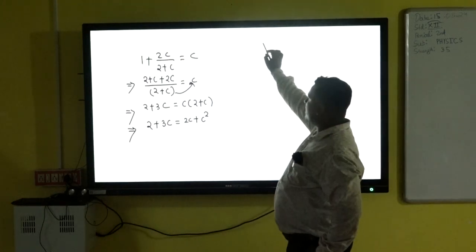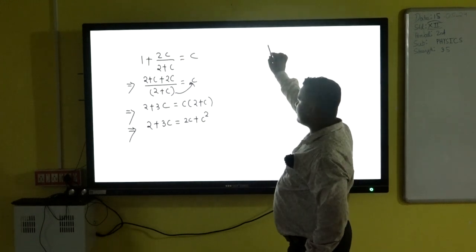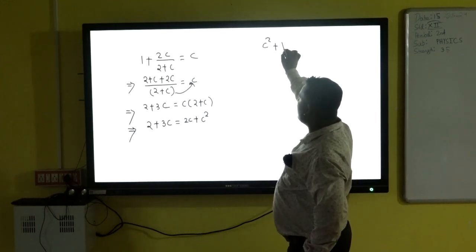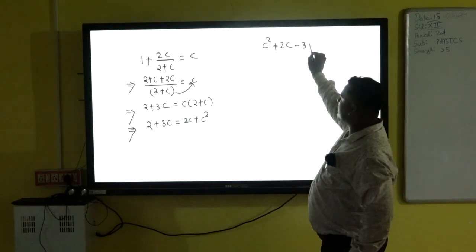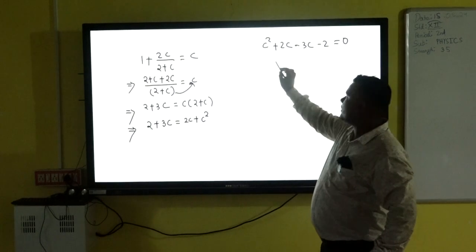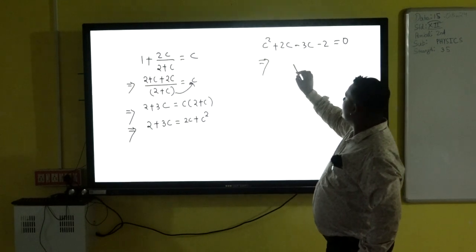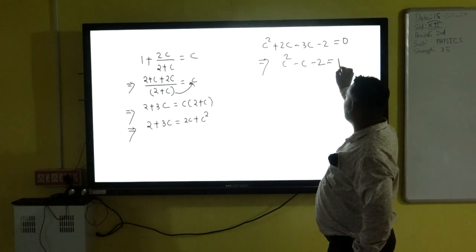Here if we take from the LHS to RHS, the final answer will be C square plus 2C minus 3C minus 2 equal to 0, so C square minus C minus 2 equal to 0.